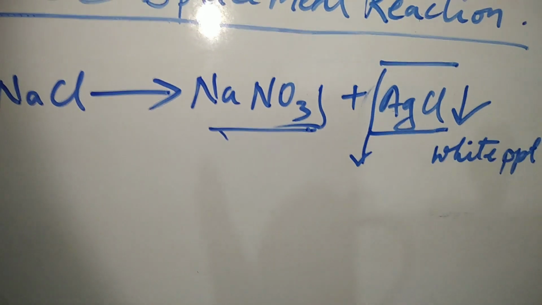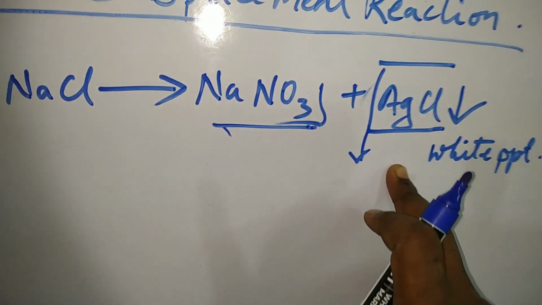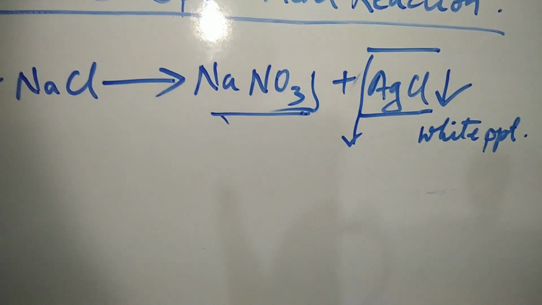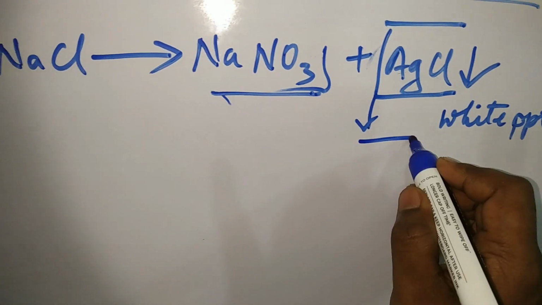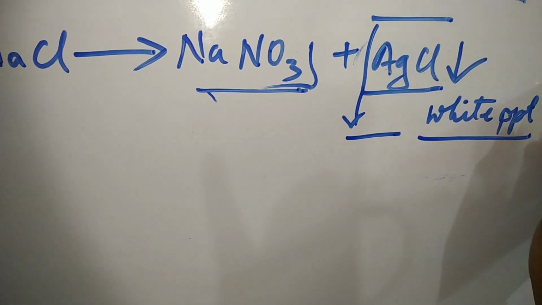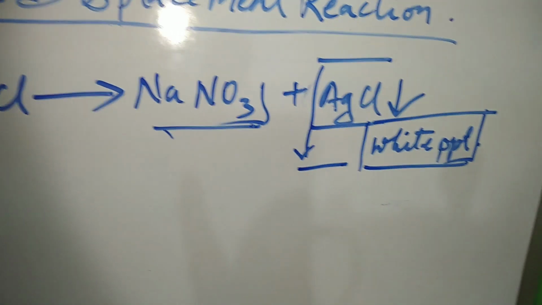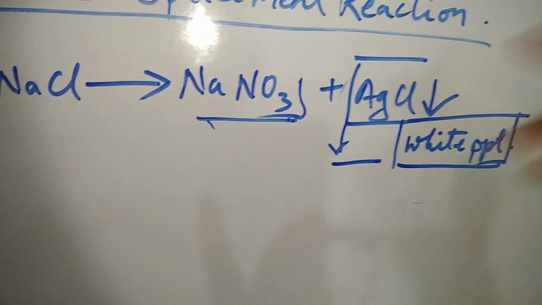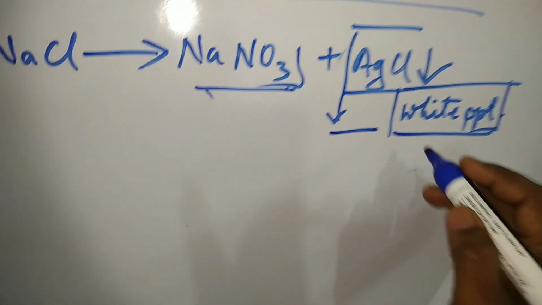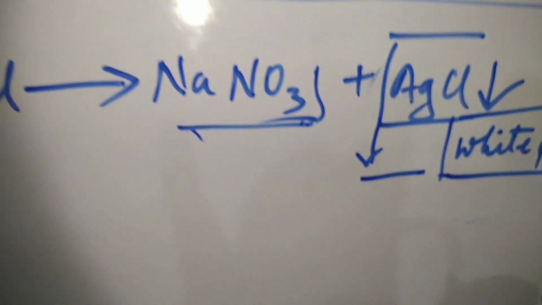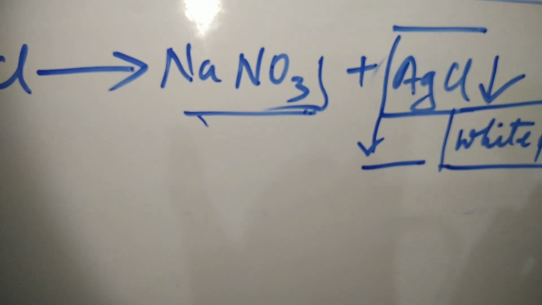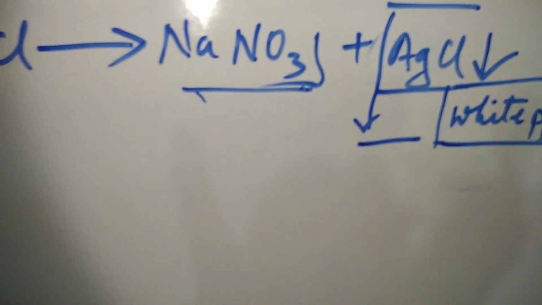That's why AgCl takes place in the solid form and precipitates. And how will you understand that AgCl is there? Because in this reaction you will get white PPT. Okay students, and that white PPT is nothing but AgCl.